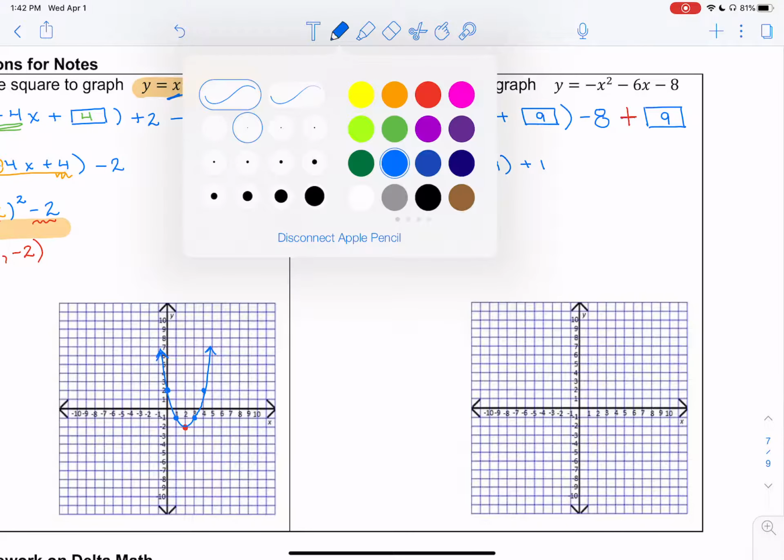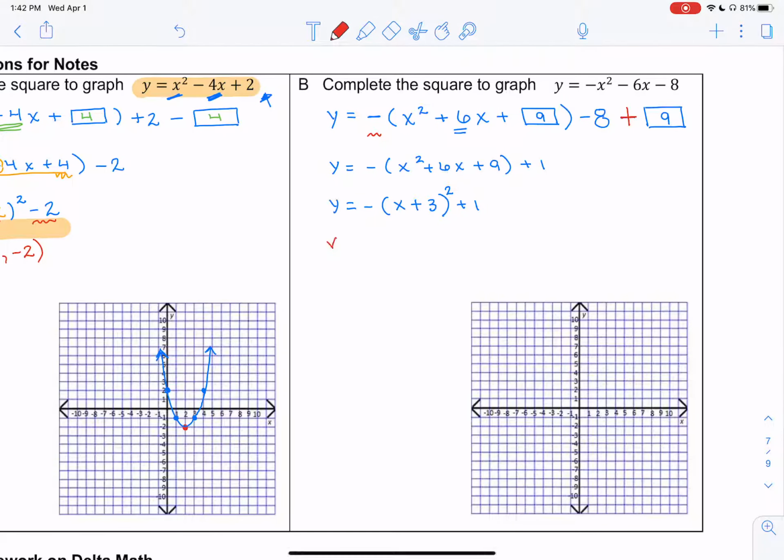Take that information to find our vertex. We have our x value here, but we change the sign. Y value, keep it as is. My vertex is going to take place at -3, 1.